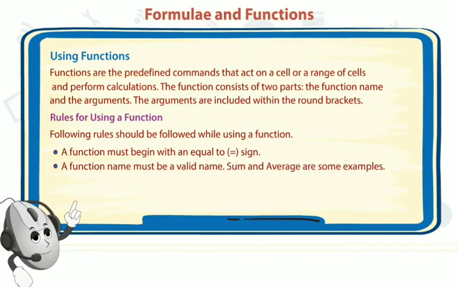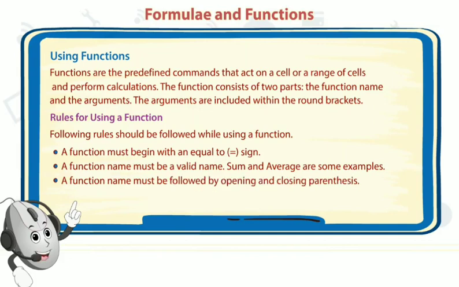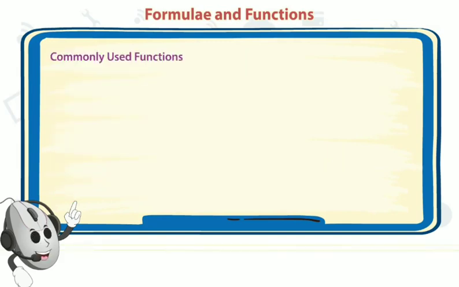A function must begin with an equal to sign. Function name must be a valid name. Sum and average are some examples of functions. A function name must be followed by the opening and closing parentheses, meaning you have to write in brackets. Arguments, you must write the arguments inside it.